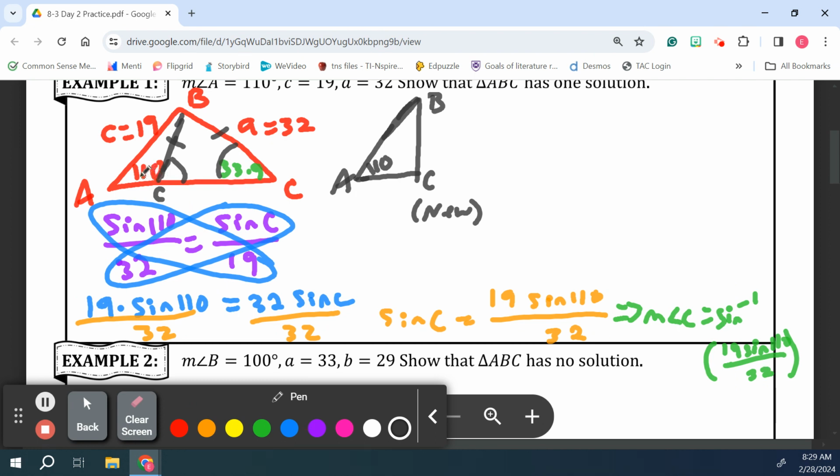This line is supplementary to this. So if this side is 33.9, that means the inside is going to be 180 minus 33.9. Someone tell me what that's going to be. 146.1.